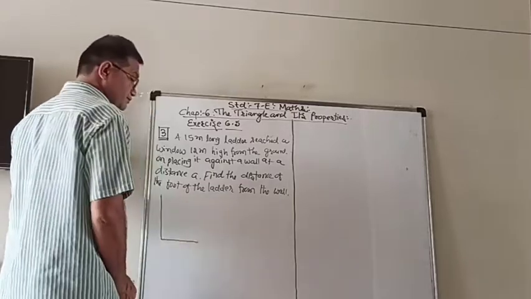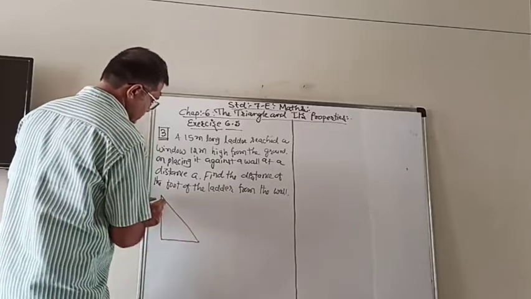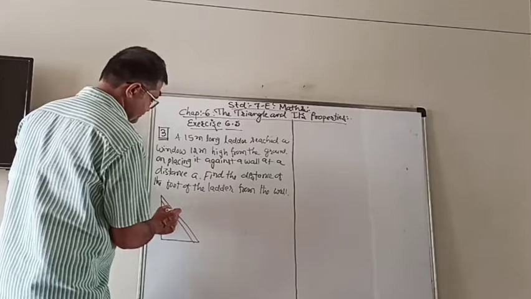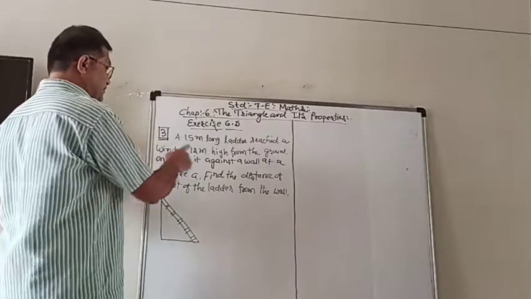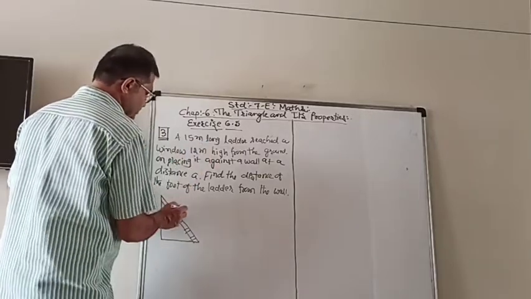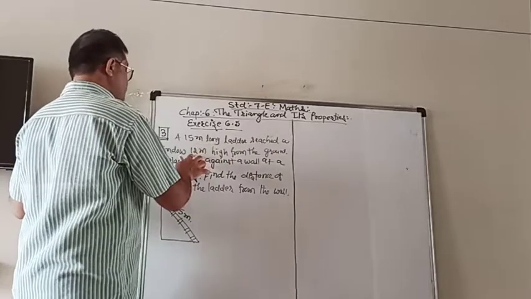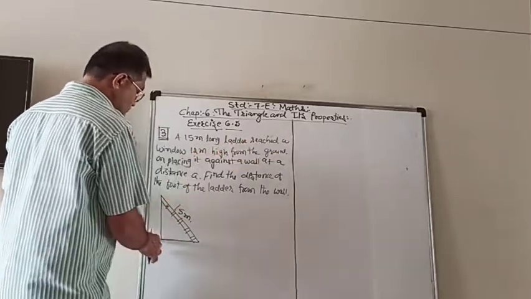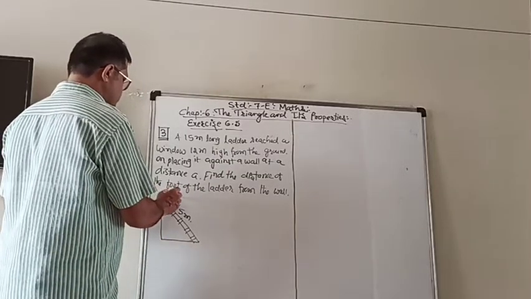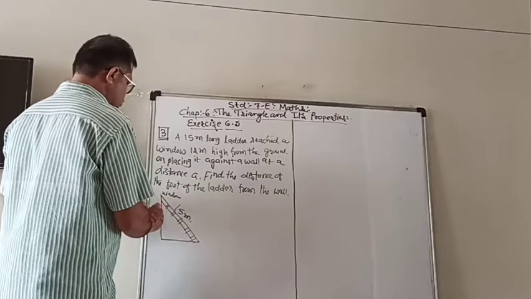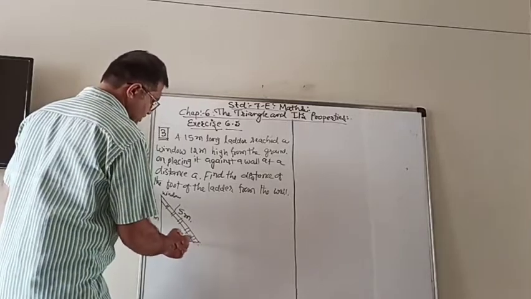This is the ground, and here there is the ladder, like that, and the ladder's length is 15 meter, so that is your 15 meter. Reach a window 12 meter high from the ground. This is the ground, that is the 12 meter, here it is the window, and it is 12 meter high, and the distance is A. We have to find here A.